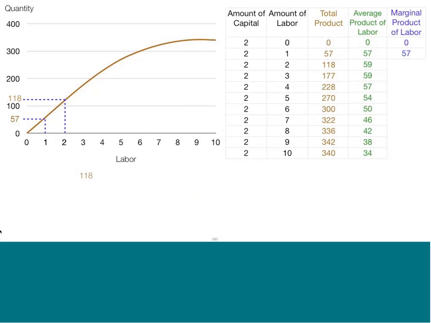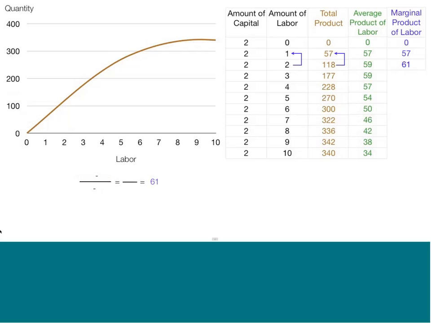So I take 118 minus 57 divided by 2 minus 1. This is equal to 61 divided by 1. And this equates to 61, of course. And this is my marginal product of labor, moving from 1 to 2 units of labor. So I took 118 minus 57 and divided that by 2 minus 1, and that gave me 61.